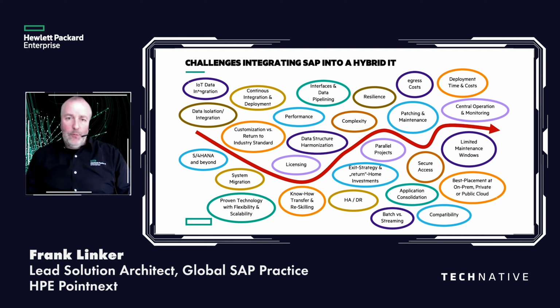In fact, we have seen several customers now returning to or changing their hybrid IT strategy because they failed in several areas. They missed some topics, the planning was probably not precise enough, and now they have to rethink their whole strategy.